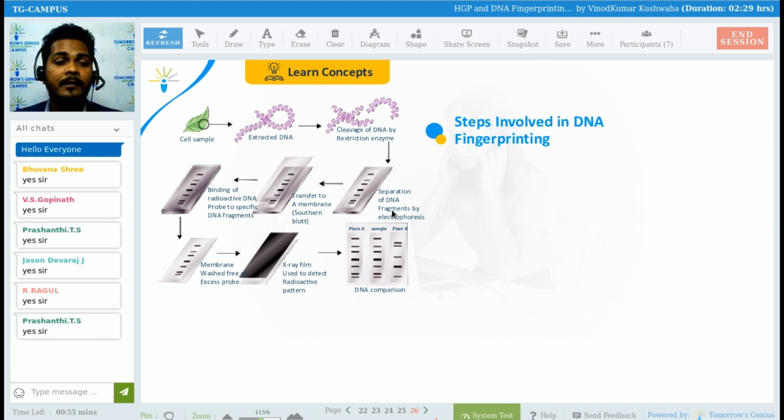So the very first step is the cell sample.